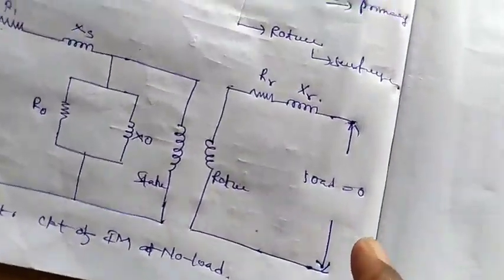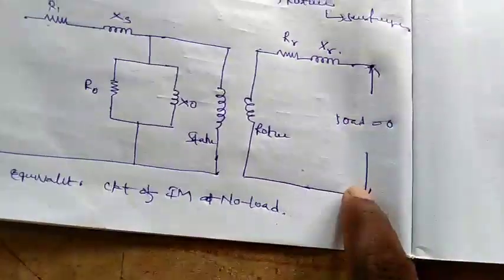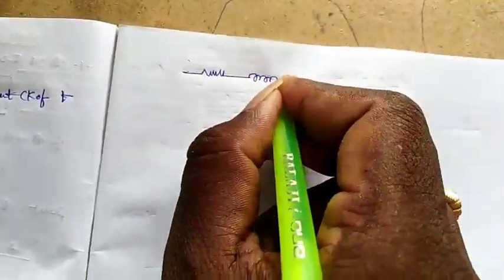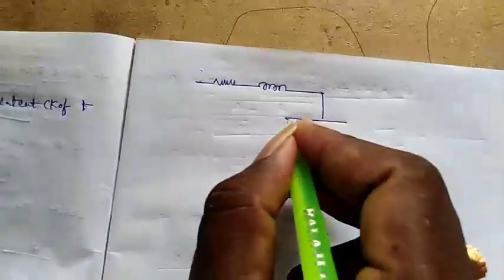When it is connected to load, the rotor circuit parameters are short circuited. So the diagram looks the same as the top.